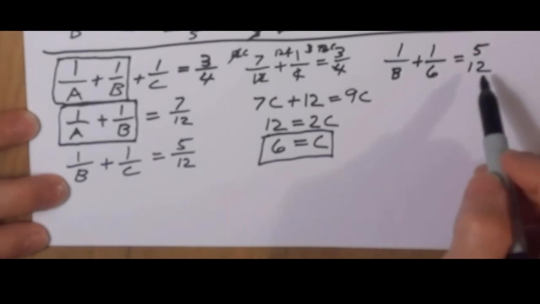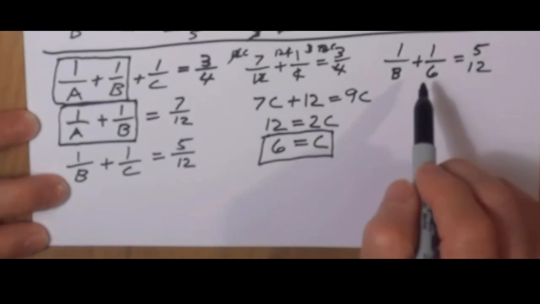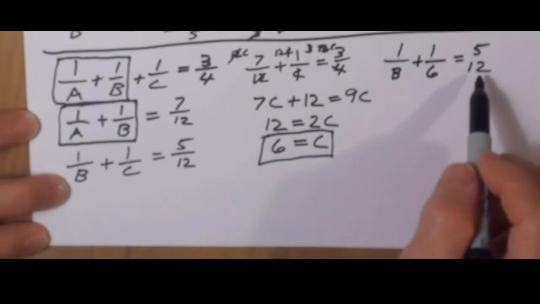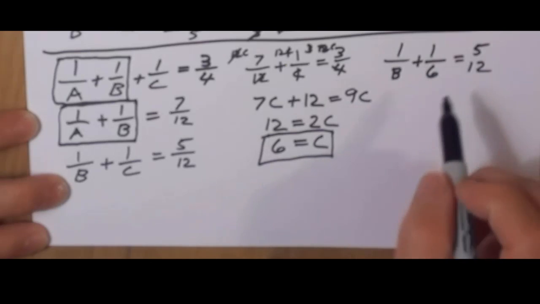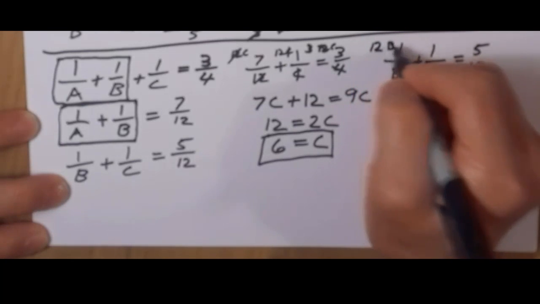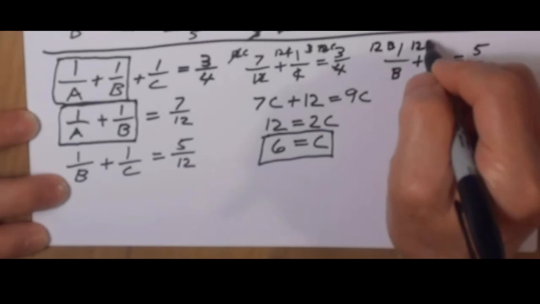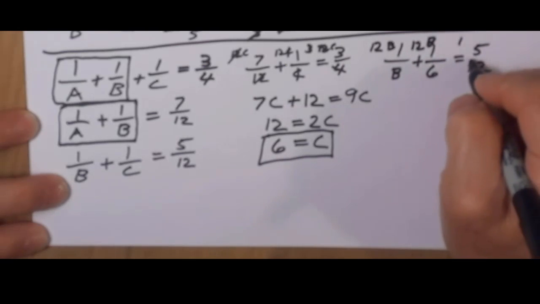Okay, now we'll find the lowest common denominator, which is 12b. We'll multiply this all by 12b. This one by 12b, this one by 12b, and this one by 12b. Nope, it should be 1.